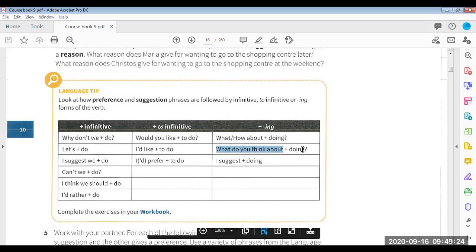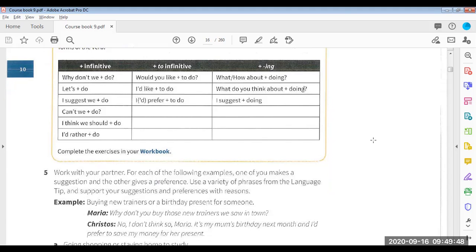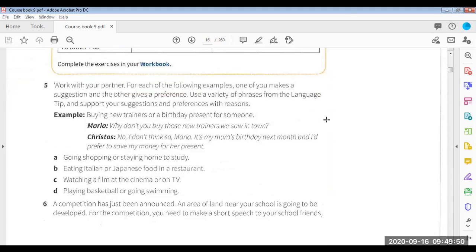What do you think about doing homework, what do you think about drinking coffee, what do you think about going to the shopping center. So these are the examples, and these are the three structures. By using these structures, we can construct sentences to show our preferences and suggestions.